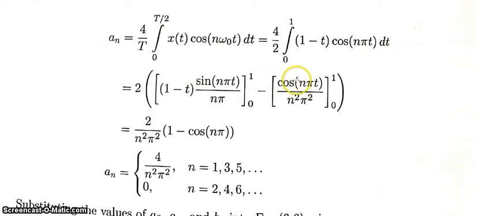So that minus and minus cancel, and this minus sign remains here: minus cos n pi t by n square pi square within the limits 0 to 1.